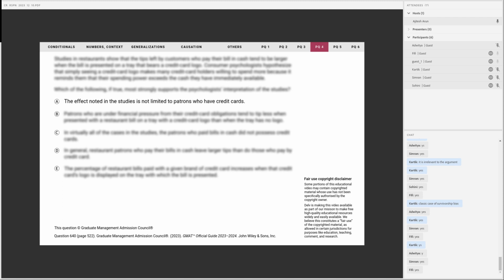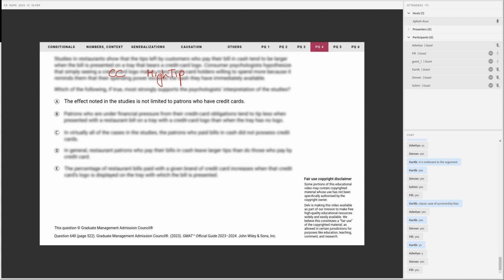The effect noted in the studies is not limited to patrons who have credit cards. Okay, let's see what this is effectively telling us. If you have a credit card, and you get a bill which has a credit card logo on it, high tip. But the same effect is noted with patrons who don't have credit cards.